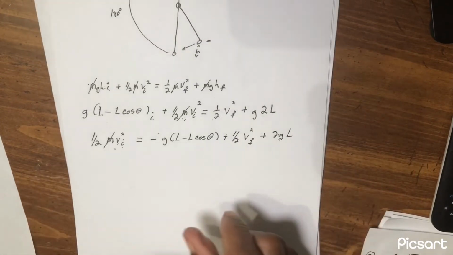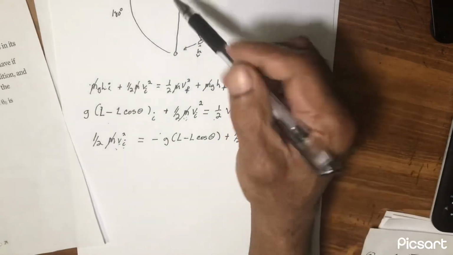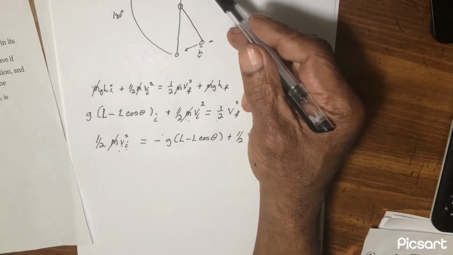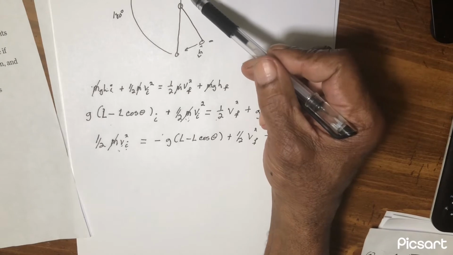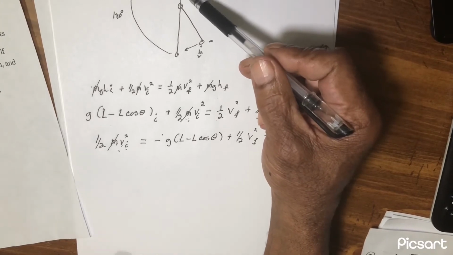Now the problem states that when we get the bob in this position, the rope is to remain taut.